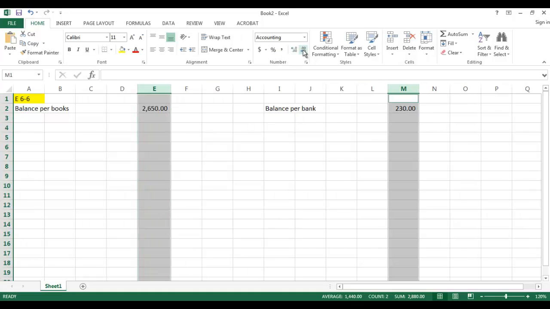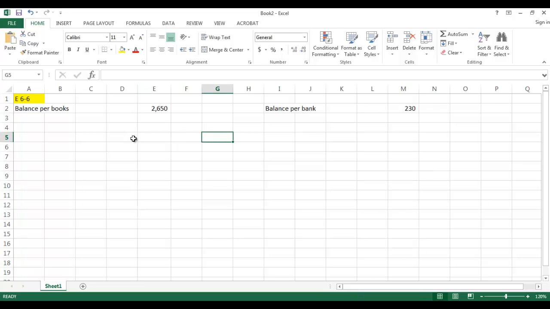I'll just get these in comma format to make them easier to read. Remember, in our bank reconciliation, we don't reconcile one balance to the other. We reconcile them both to a new adjusted balance, and that's our go-forward cash balance. So we're looking for items that should be additions or subtractions to either side.